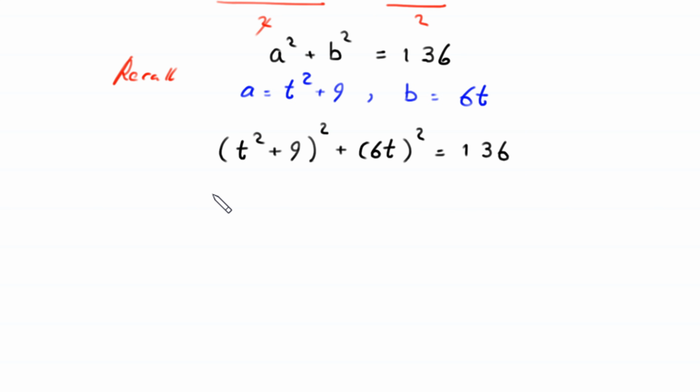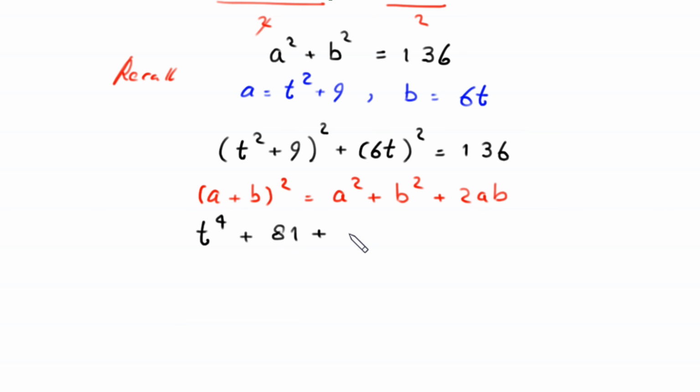By using this algebraic identity, (a + b)^2 = a^2 + b^2 + 2ab, this (t^2 + 9)^2 will become t^4 + 81 + 18t^2, plus this (6t)^2 will become 36t^2, is equal to 136.